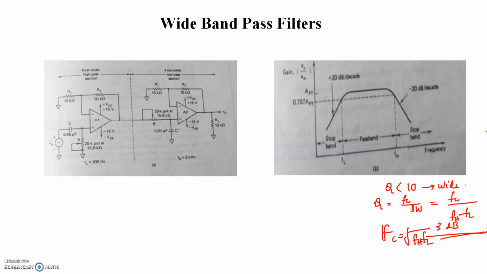From the frequency response curve we can see that it has a pass band between FL and FH and two stop bands, the first in the lower frequency range and the second in the high frequency range, because here we have cascaded one high pass filter and one low pass filter.